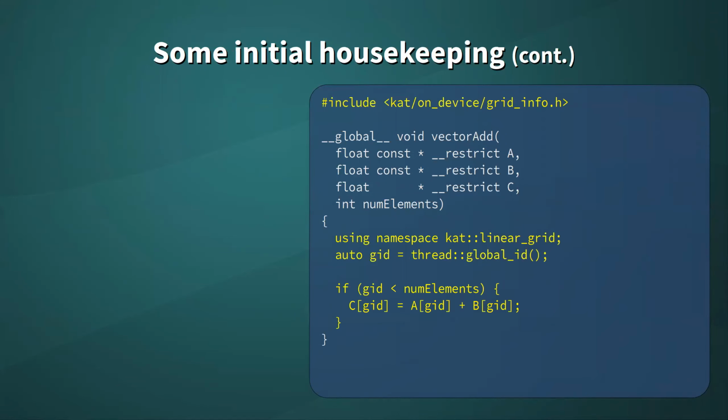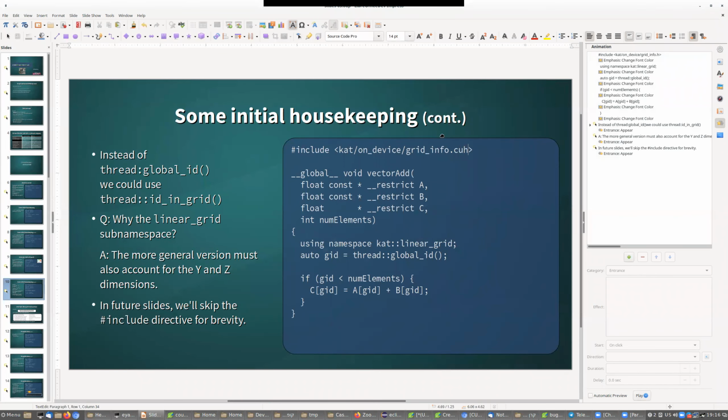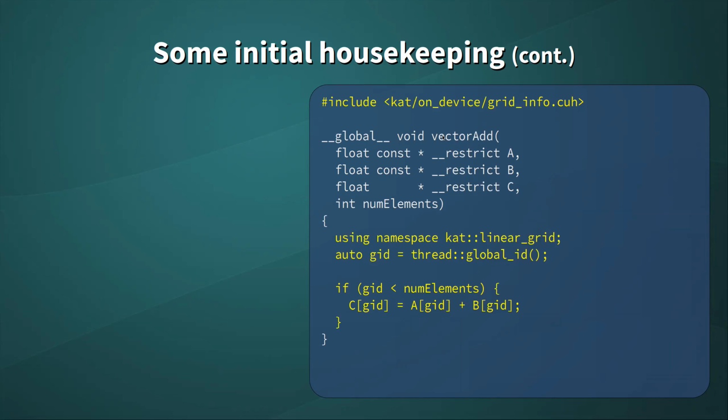So here is what I do with that in CUDA KAT. That's the include, or one of the things you include in CUDA KAT. Oh, let me just correct that actually, because it's a CUDA file. Sorry. And there's a namespace for linear grids, and in that namespace, if you use the function thread global ID, it gives you the global ID in a single dimension of your current thread, and then we use that.